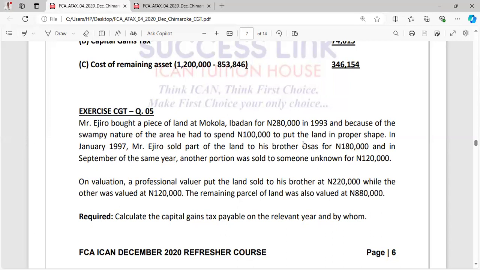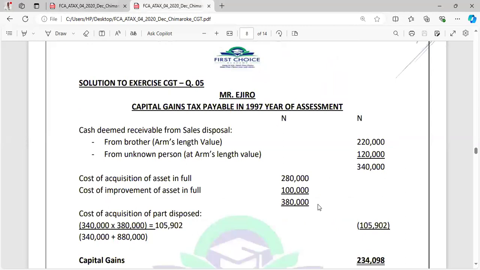But in this case, 100,000 was used to improve everything. So we need to apportion how much improvement cost should go to the part that was disposed of. So we are adding the 100,000 to the 280, we are getting 380. This is the total cost plus improvement on all the assets.